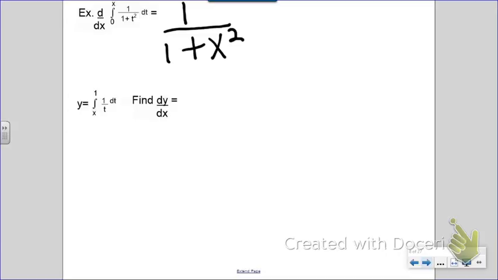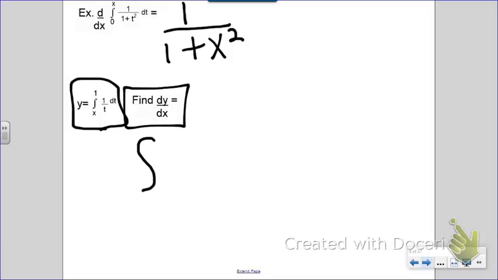The second way is written with an integral as y equals, find dy dx. It's asking the same question as the first one. So how does this work? Oh, look, it's x to 1, not 1 to x. So what do we need to do? We're going to apply the rule from yesterday.